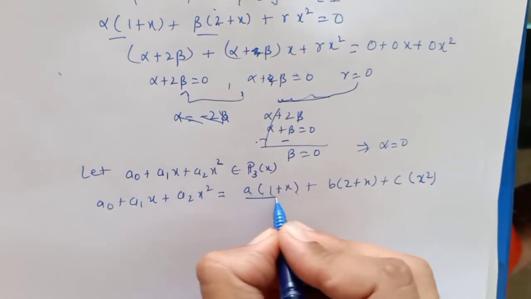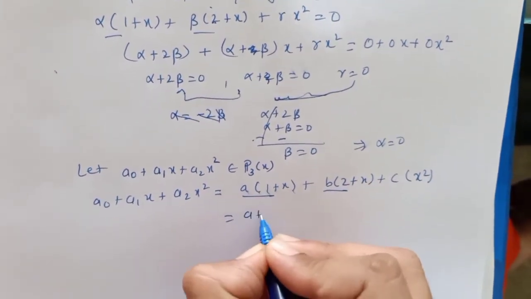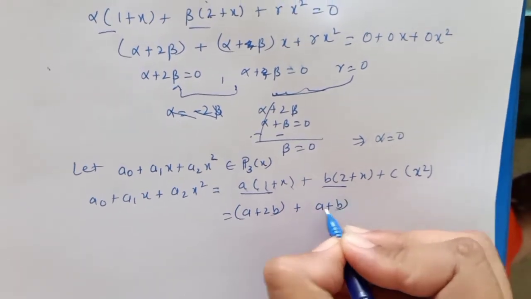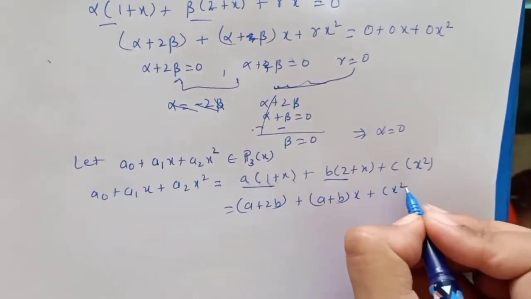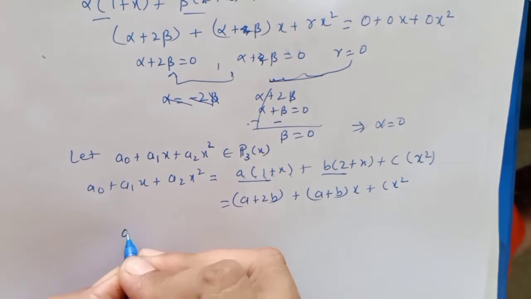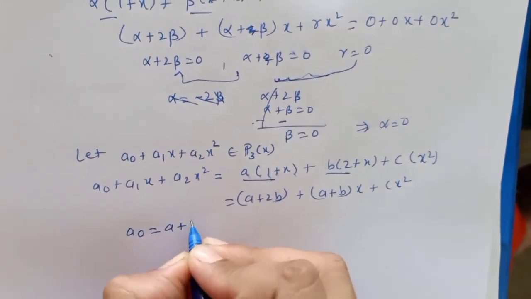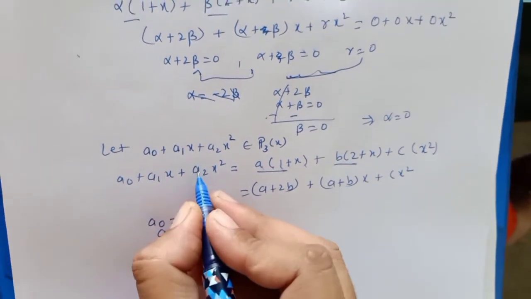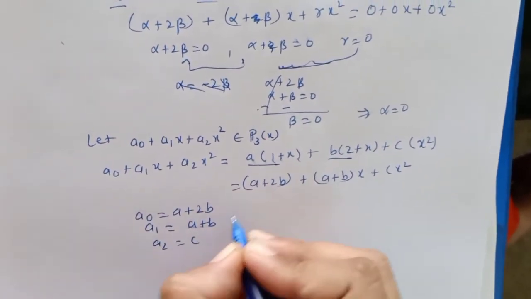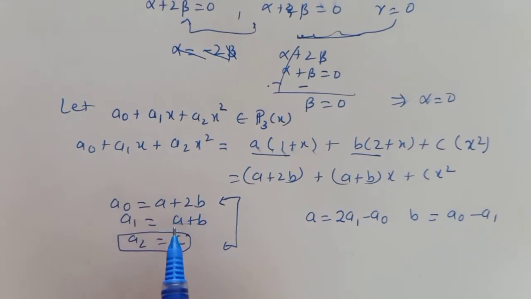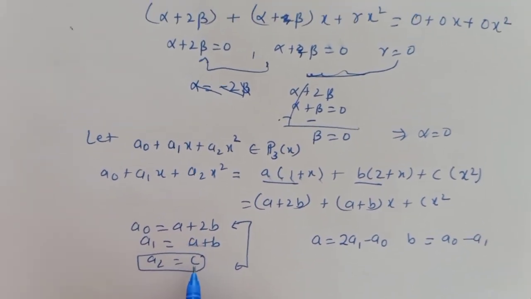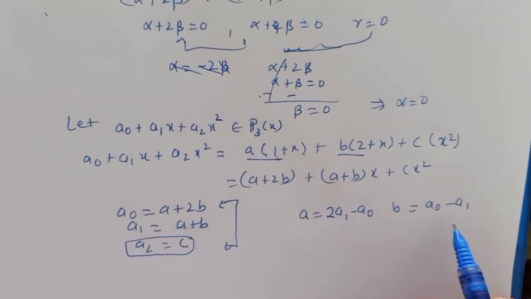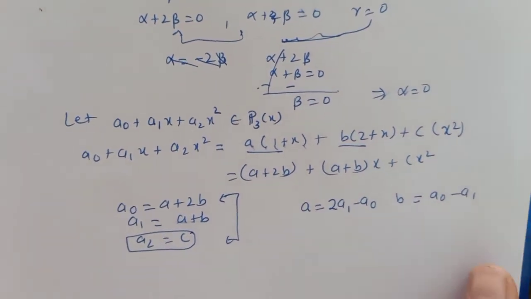Again combine the constants, so you will have a plus 2b, terms with x, a plus b, and x square. Compare the coefficients: you will obtain a naught as a plus 2b, a1 as a plus b, and a2 as c. Now solving these three equations, we will obtain the value of c as a2, a as 2a1 minus a naught, and b as a naught minus a1.